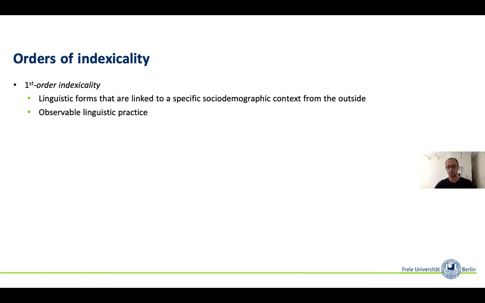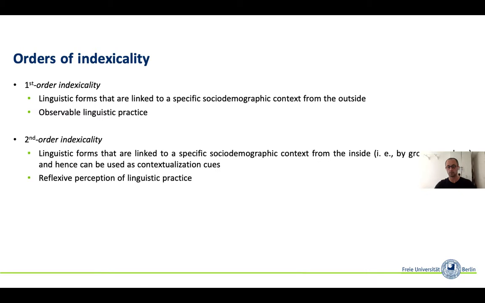tells us that there are certain linguistic practices that we can observe as linguists, for example. Then in the second order indexicality, we are in a situation where the speakers themselves perceive their own linguistic practice. It is then a reflexive linguistic practice, right? So I know what I speak and how I speak and why I do it.